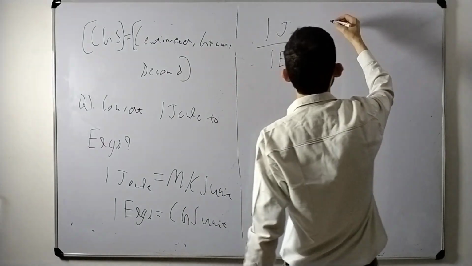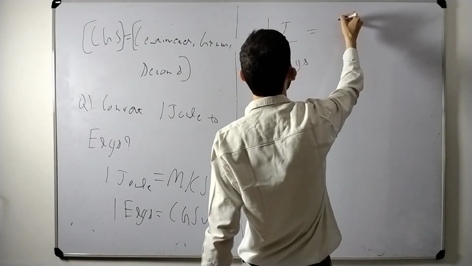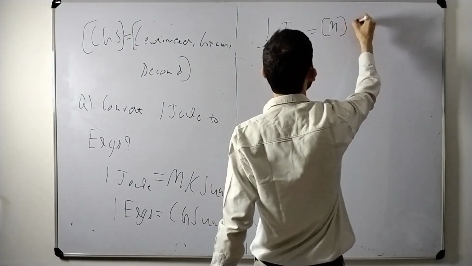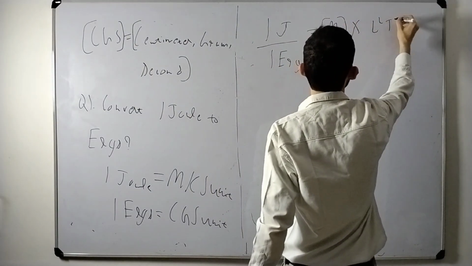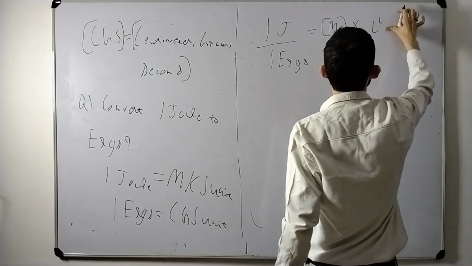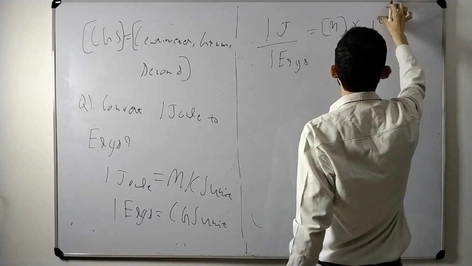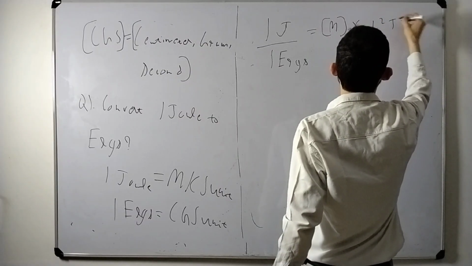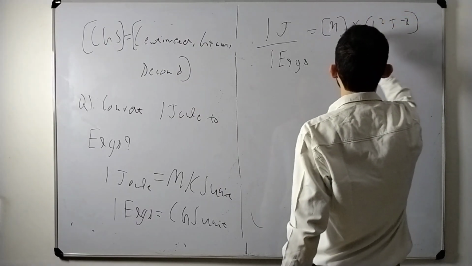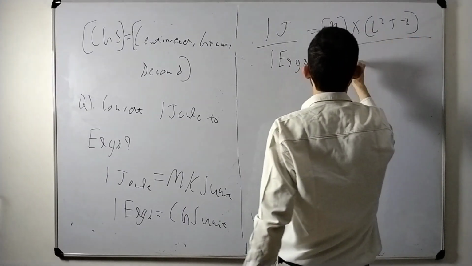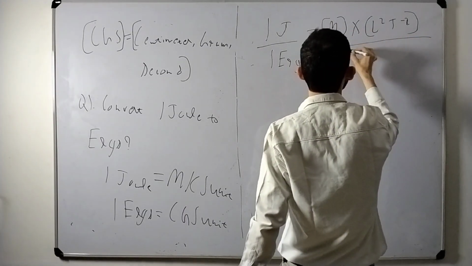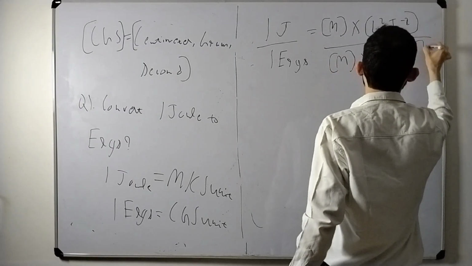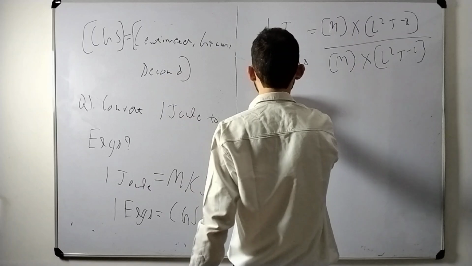So mass into velocity, half m v square, mass into velocity square, M L square T minus 2. This is the formula for this. Same goes here. Now convert.